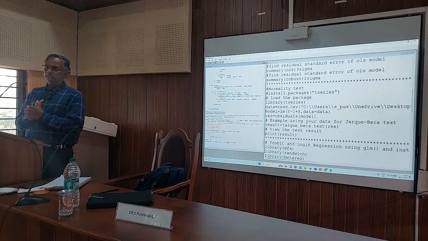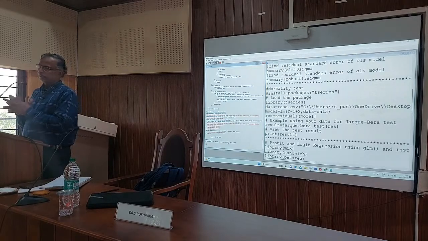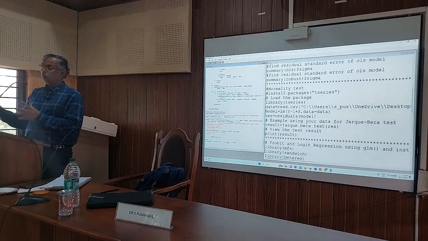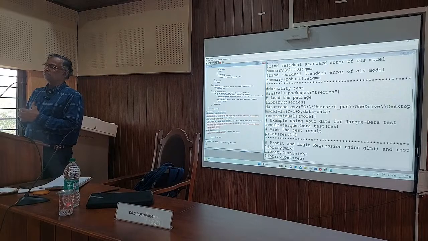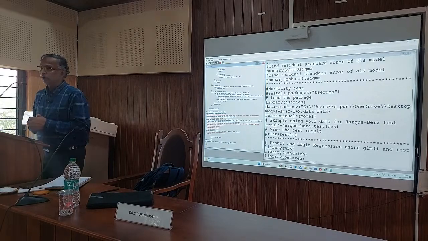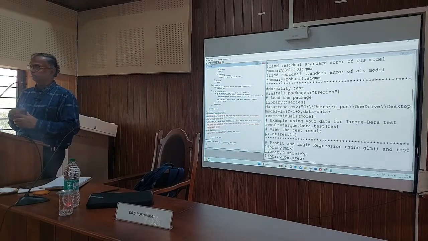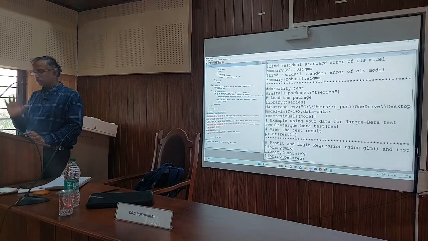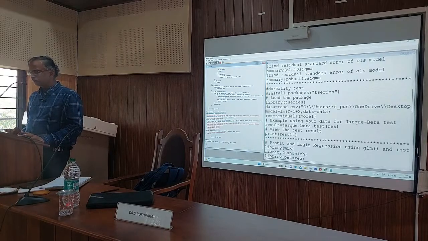Sometimes the output object is of S3 kind, which is usually displayed with the print command. S4 objects are displayed with the summary command. So a slight difference is there. Okay, now the result has come.